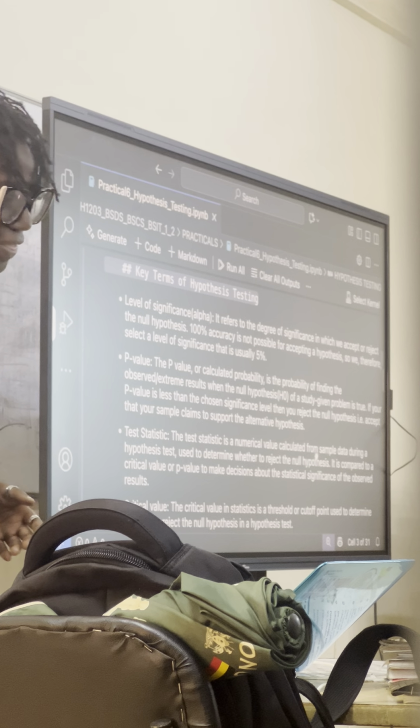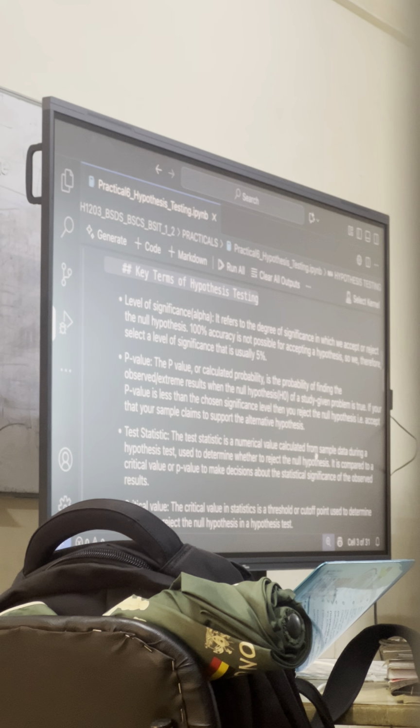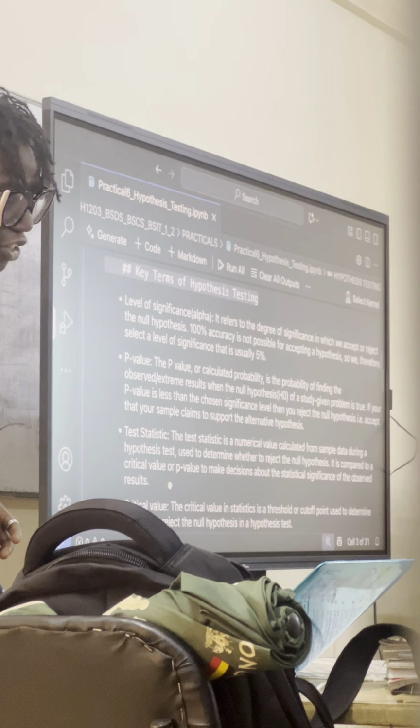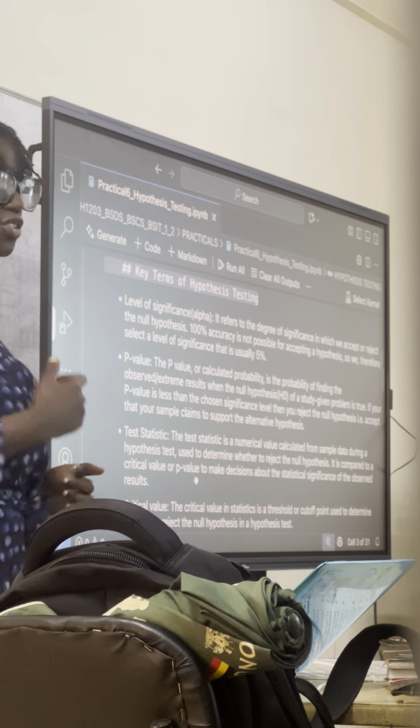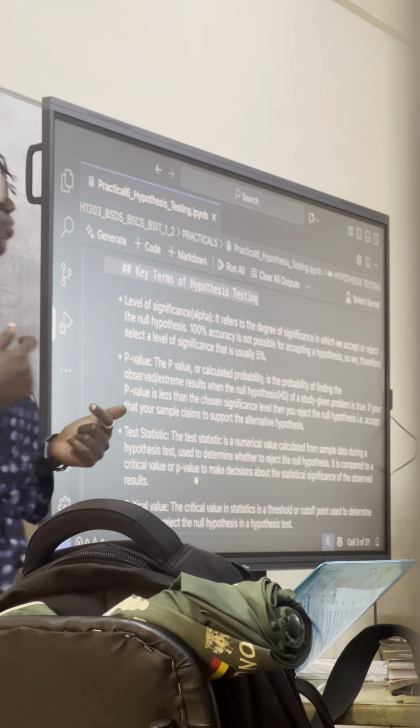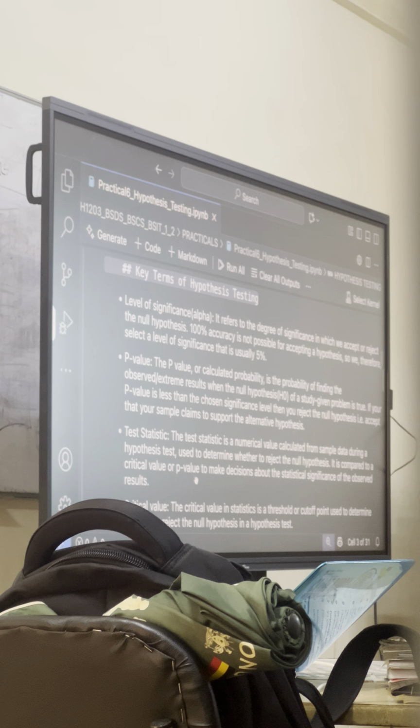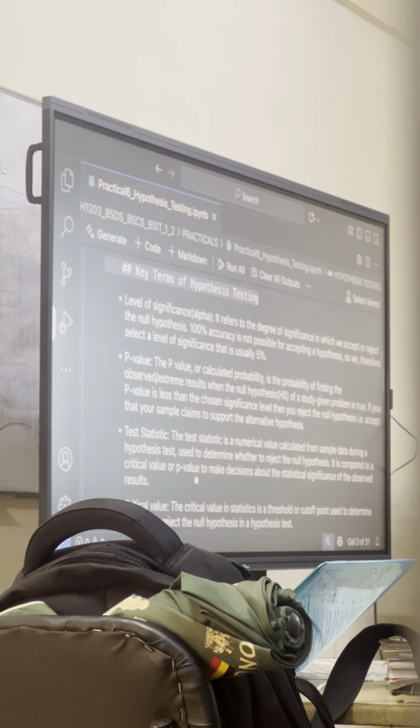So these results can be compared to a critical value or a p-value that is attached to them in order to make a decision as to whether you accept or reject your null hypothesis. But always first look at how the null hypothesis is stated for each statistical test. And those different critical values of the p. Now, the p's can range from 0 to 1.